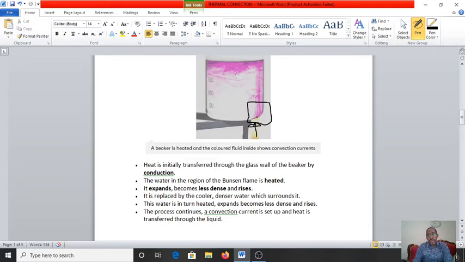Thermal energy is transferred through the glass by conduction. When this thermal energy reaches the water at this point, it will heat up. So that water heats up. It expands, becomes less dense, and rises up. You can see the purple, which corresponds to the color of the permanganate ions, rising up.